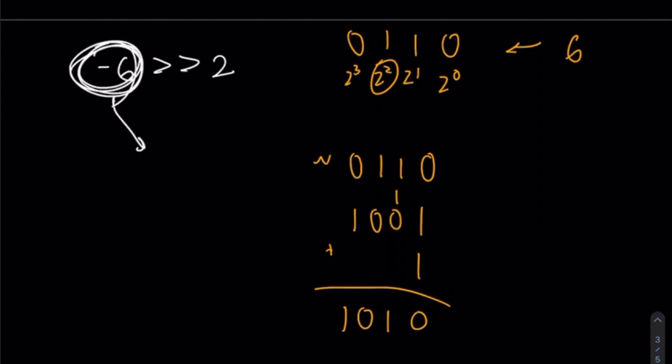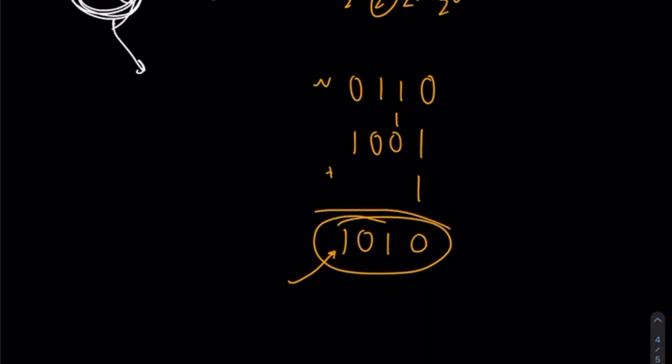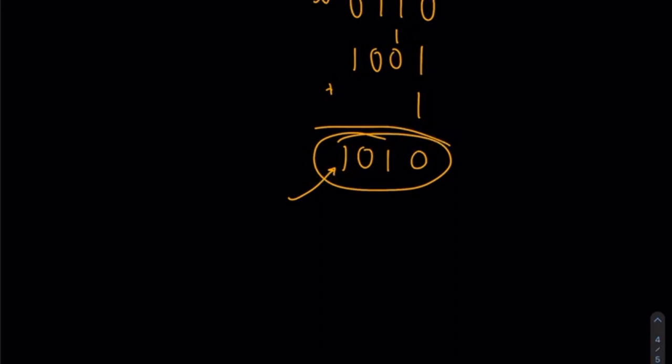Now what we need to do is we have to right shift, but also keep the most significant sign bit there in our solution. So one thing to understand is that if we extended 1010 to like 16 bits, it would look like 1111 1111 1111 1010 because we're sign extending this 1.